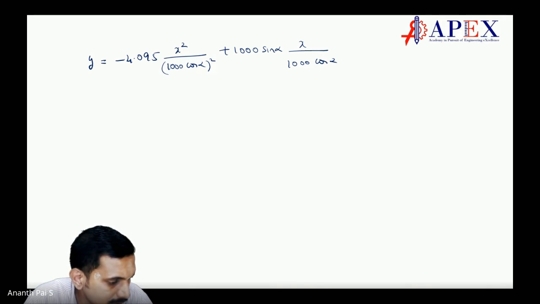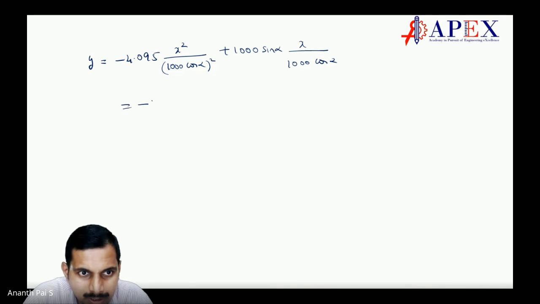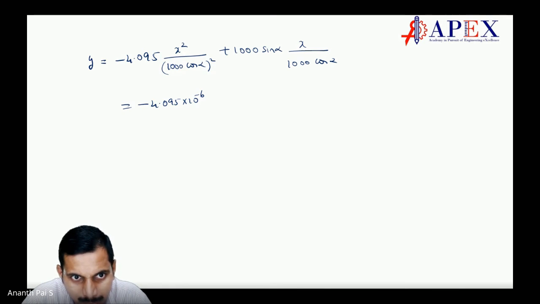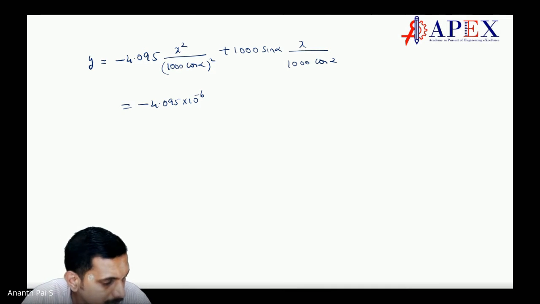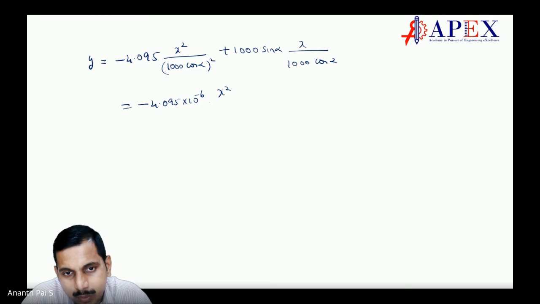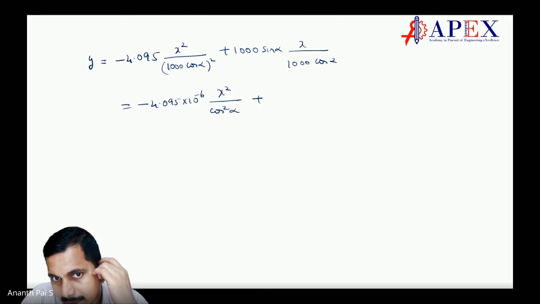Now this can come as minus 4.905 into 10 power minus 6, because from here 10 power minus 6 comes square, right? Minus 6 into x square by cos square alpha plus x tan alpha.